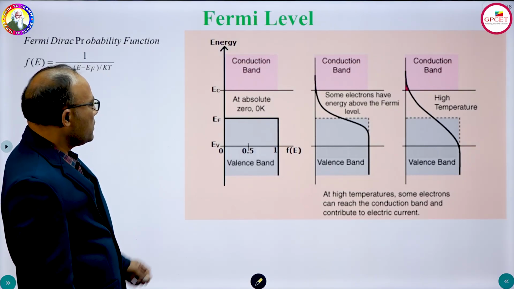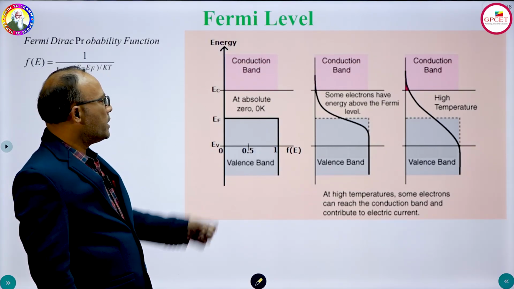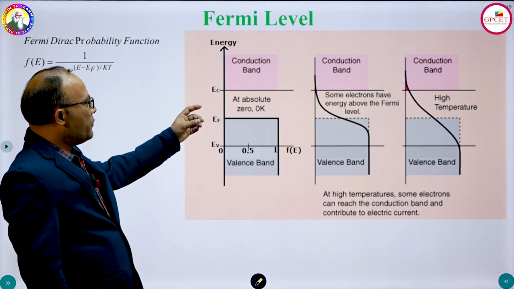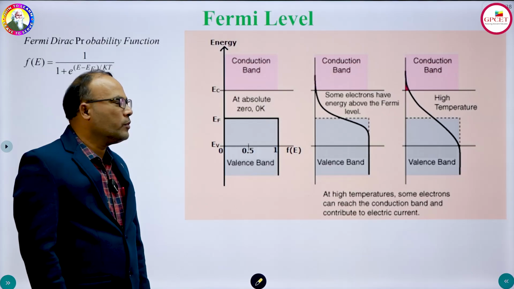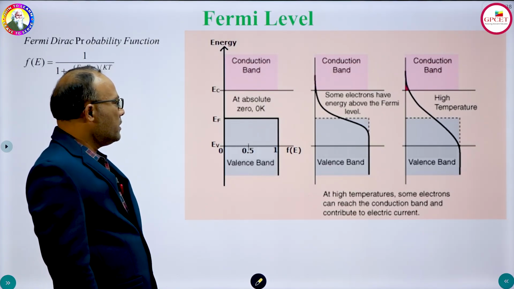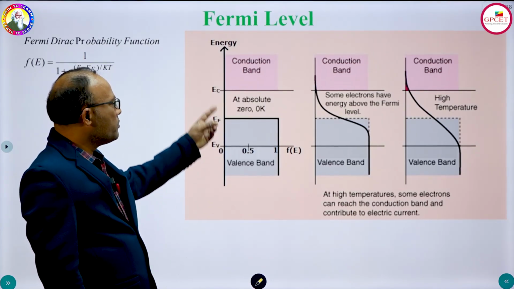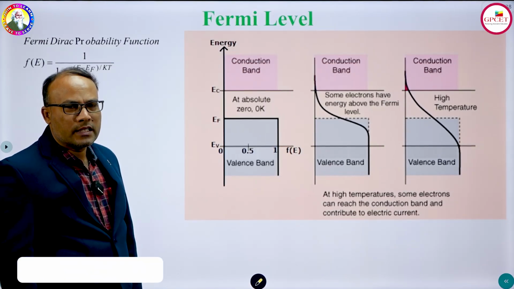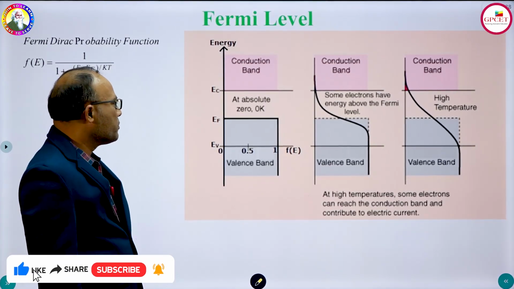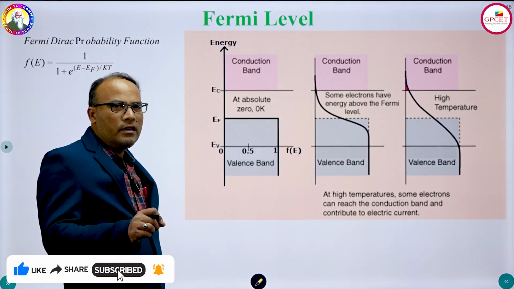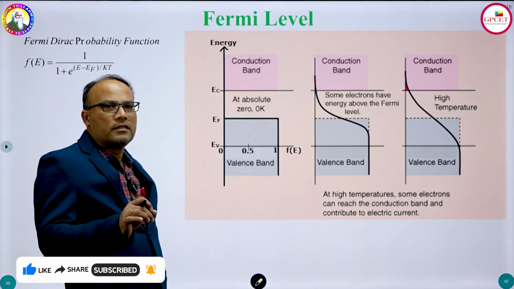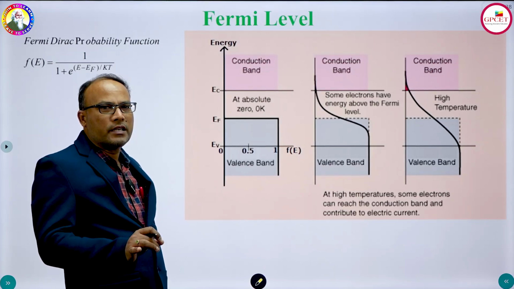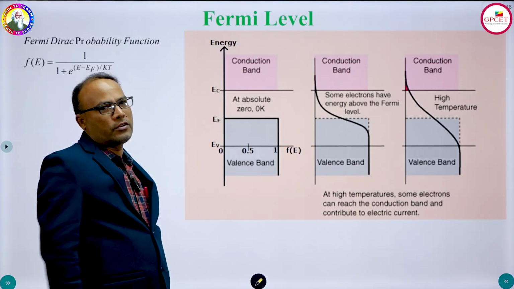As we have seen about the valence band and conduction band, the difference between them is the forbidden energy gap, which is called Eg. But here, as an electron jumps from the valence band to the conduction band, there is a level in between where the energy state is filled with 50% of electrons.